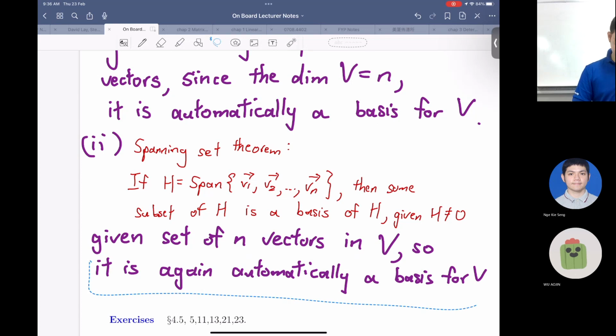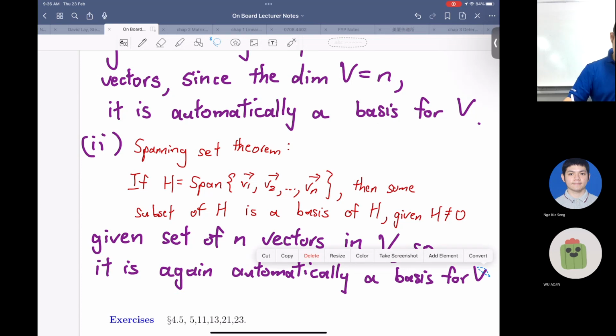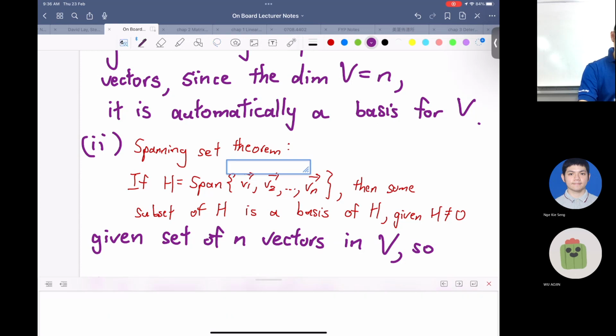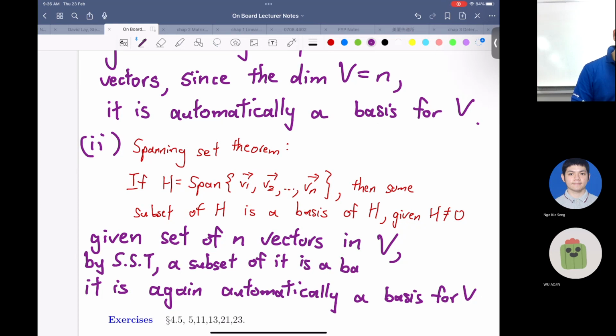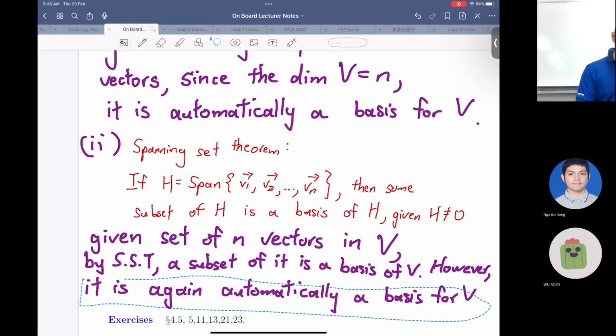Okay, before that, maybe I will talk a little bit again. So given a set, by the spanning set theorem, a subset of it is a basis of V. However, it cannot be a proper subset.